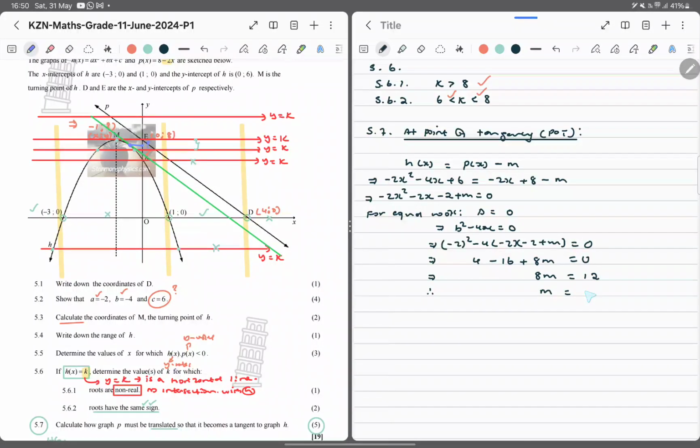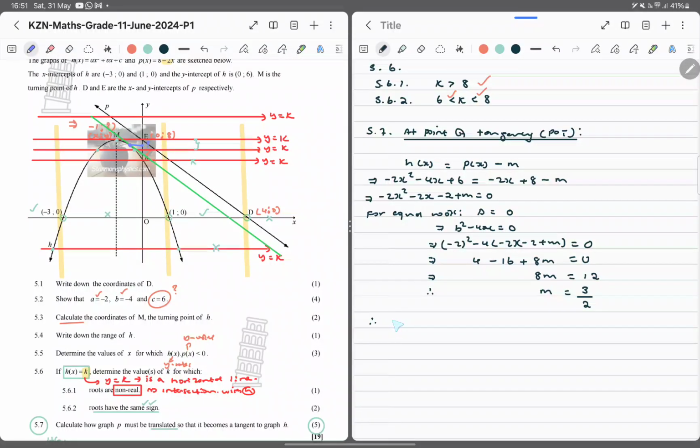Therefore, m should be 12 over 8, which is 6 over 4, which is 3 over 2. Yeah. 4 goes into 12 3 times, into 8 2 times.